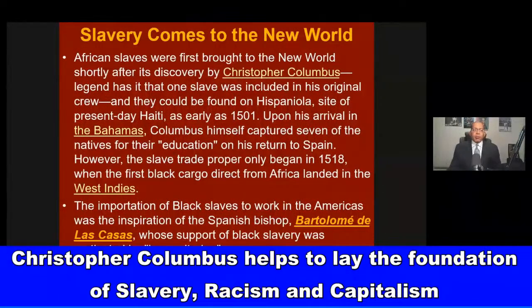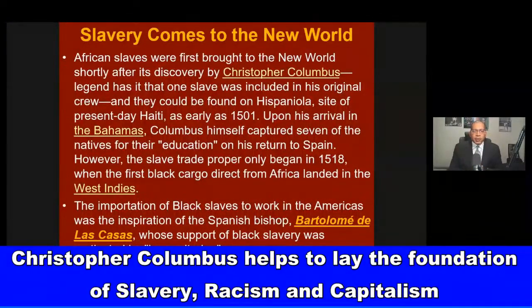Upon his arrival in the Bahamas, Columbus himself captured 7 of the natives for their quote-unquote education. That's what he said on his return to Spain. However, the slave trade proper only began in 1518 when the first African cargo direct from Africa landed in the West Indies. This is after the Asiento de Negros.